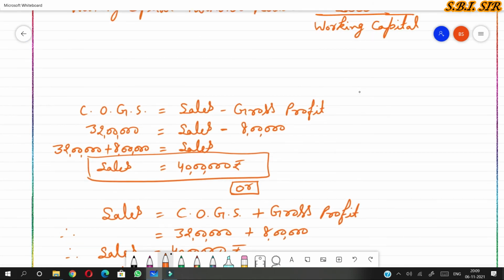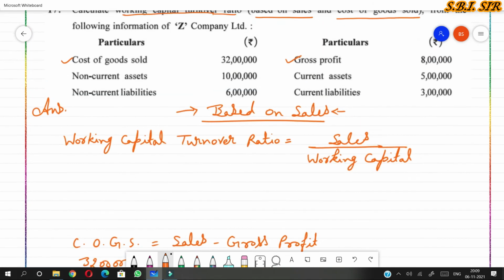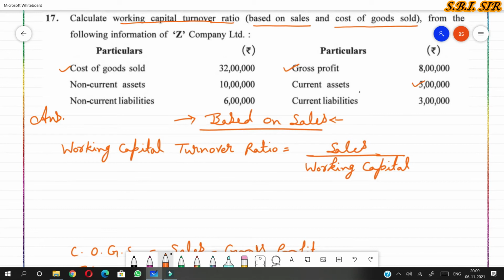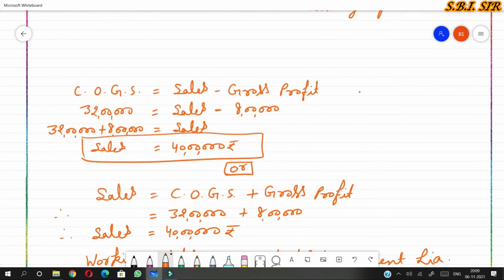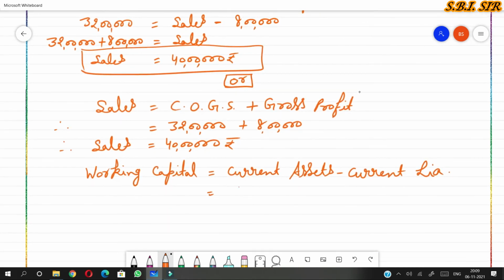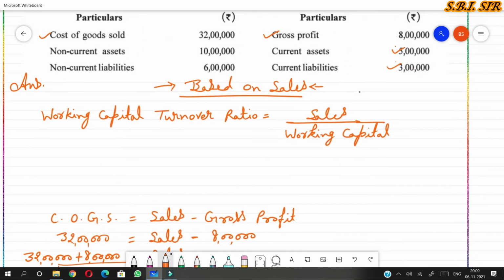Current assets are 5 lakh and current liabilities are 3 lakh. So current assets 5 lakh minus current liabilities 3 lakh, we will get 2 lakh rupees as working capital. Then we will put the values in the formula.